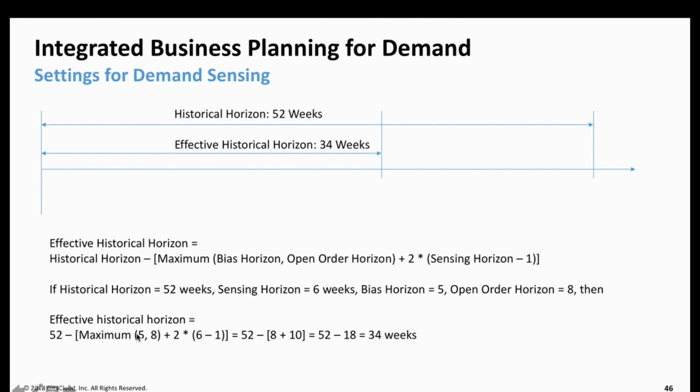So our effective historical horizon becomes 52 minus the maximum of 5, 8, which are the bias and open order horizons respectively, plus 2 times 6 minus 1, and 6 is our sensing horizon. So effectively we only have 34 weeks of history, as the remaining 18 weeks are used for training the algorithm.